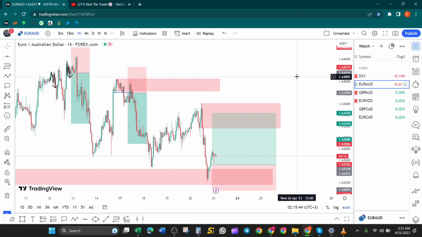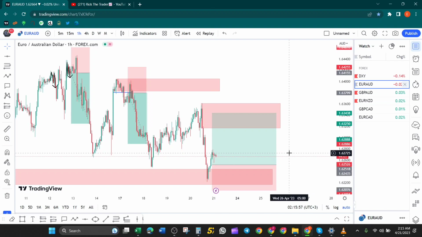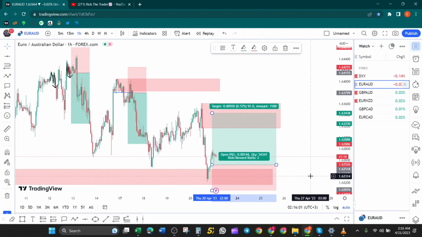So once you understand the strategy, make sure you do backtest consistently. Then you'll be able to determine which pairs work well for you. Also, in terms of your stop loss and your take profit, for instance, I target 90 pips. This does not mean everyone has to target 90 pips and use a stop loss of 45 pips. You could maybe backtest and find it is also working on a smaller time frame. And your stop loss could even be as small as 15, 20 pips, and your take profit maybe 50, 60 pips. You don't always have to target that many pips.